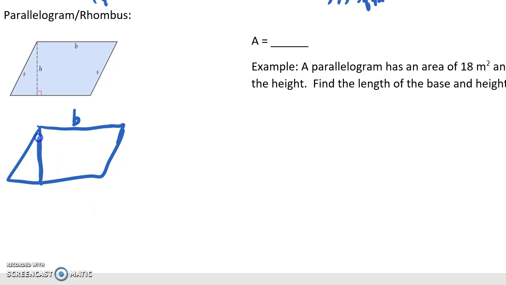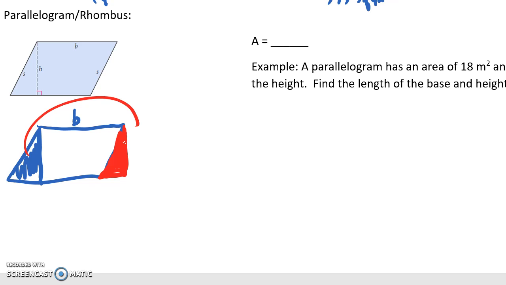If you notice, if we take this piece of the parallelogram and we move it to the other side, it fits perfectly over here.